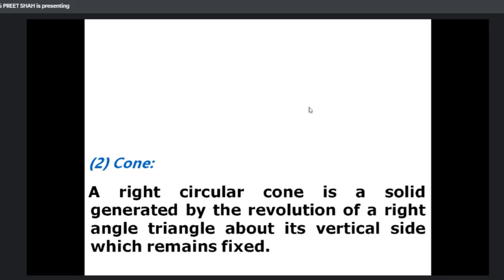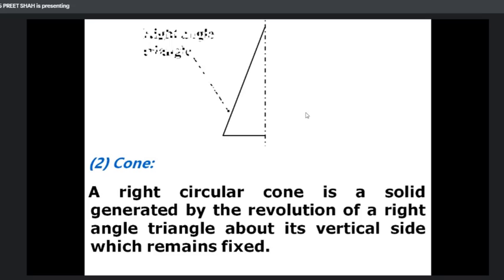Now in the cone, what will happen? First we draw the axis, then we select one plane figure. Here I select a right angle triangle. Now the right angle triangle rotates 360 degrees, so it becomes the cone shape.